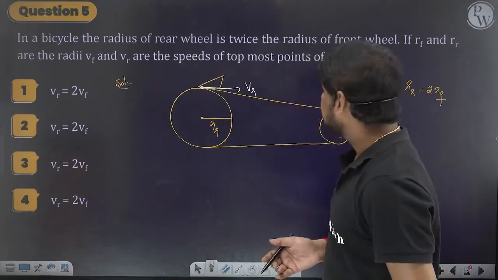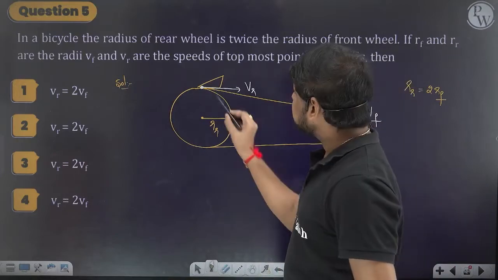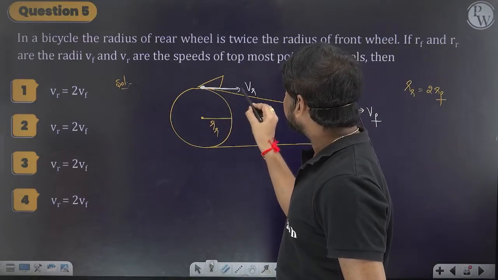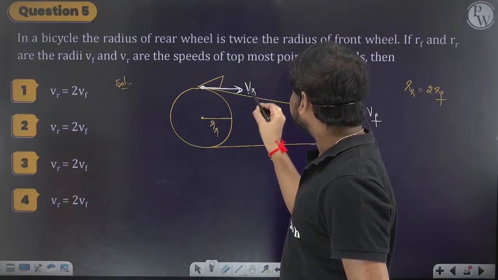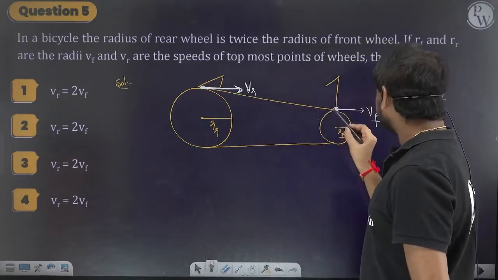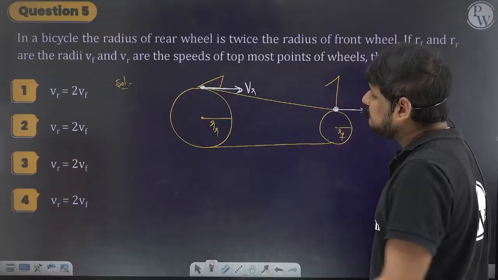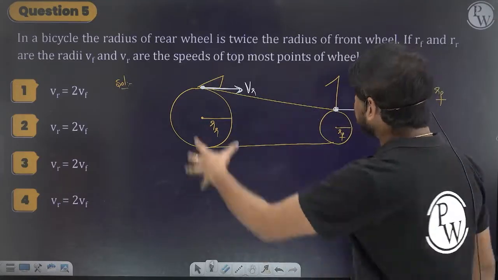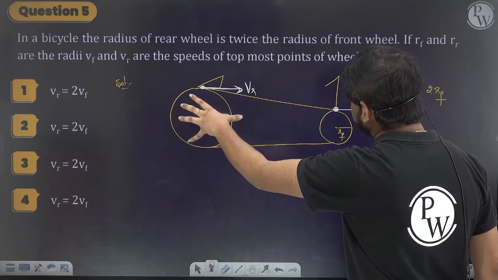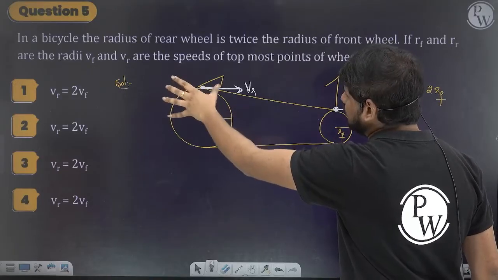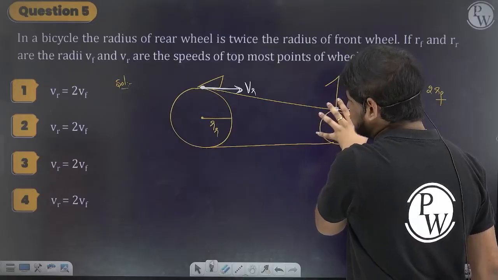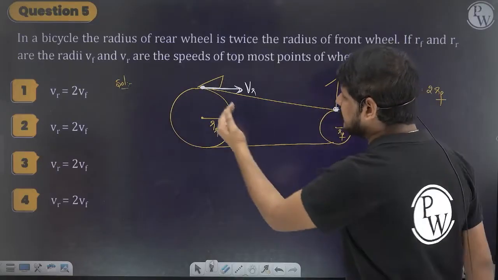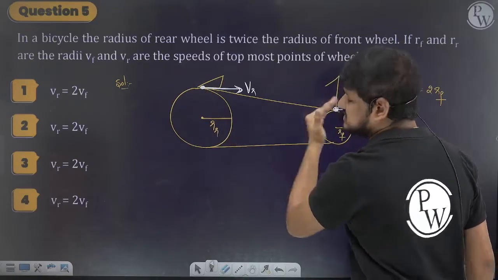The simple logic is, if their linear velocities are different, then one moves faster as it has the larger radius, and the other moves slower. So in that case, it should come and collide with this one.